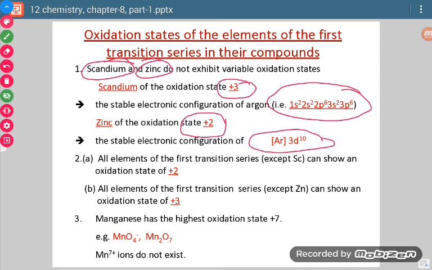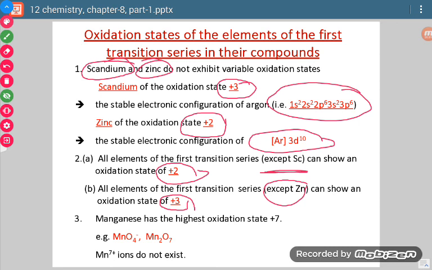Now the second point: all elements of the first transition series can show the oxidation state of +2. Scandium cannot, so except scandium all elements can show the +2 oxidation state. Similarly, all elements can show the +3 oxidation state, and the exception in this case is zinc. It can only show the +2 oxidation state.